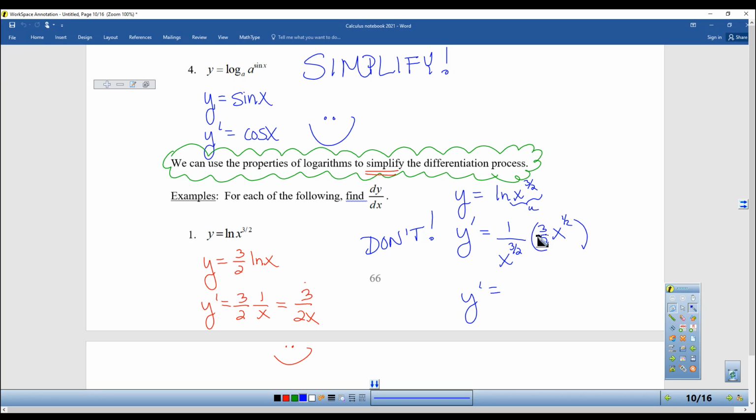And then you would have to realize that this 3 and this x to the 1/2 are in the numerator. This x to the 3/2 is in the denominator, but so is this 2.